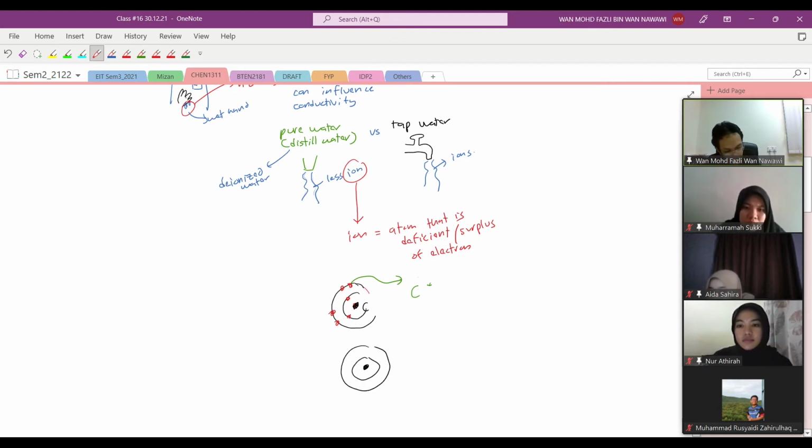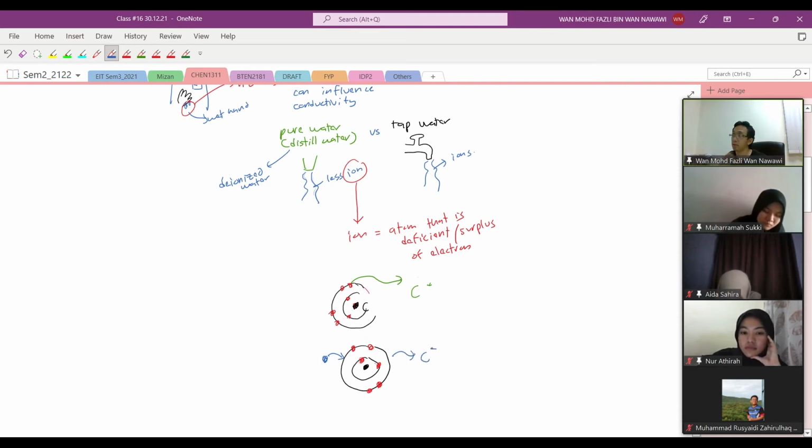Normally carbon has 6 electrons, 4 in the valence shell. But let's say there are extra electrons coming here. Now the carbon becomes carbon negative. These two things we call ions.